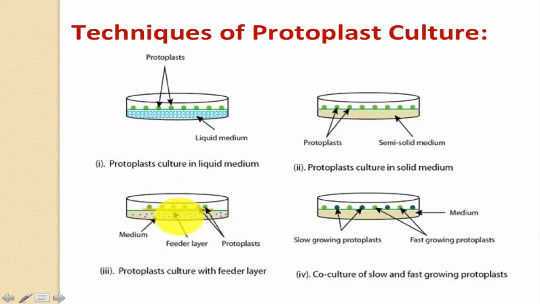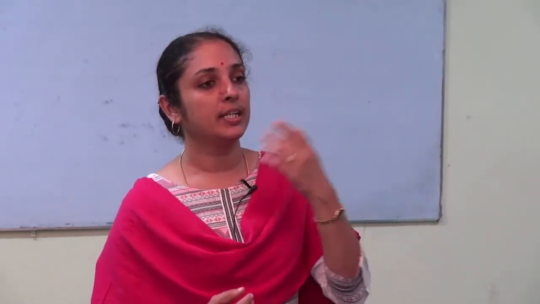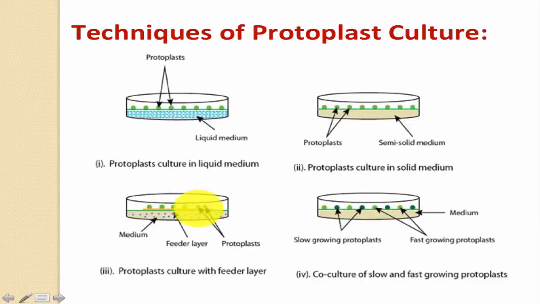The third method is the feeder layer technique. You must have heard about nurse cells, which absorb nutrition from the source and supply it to the offspring or the explants. In protoplast culture, we have this feeder layer technique.